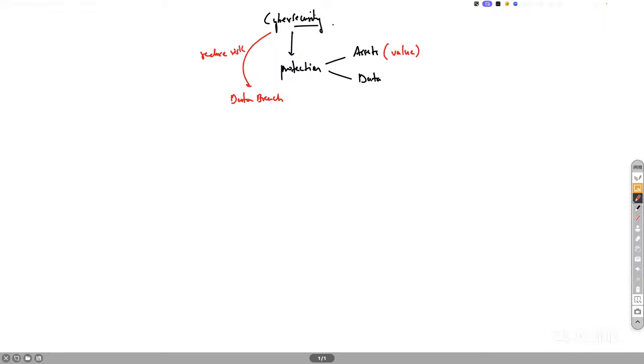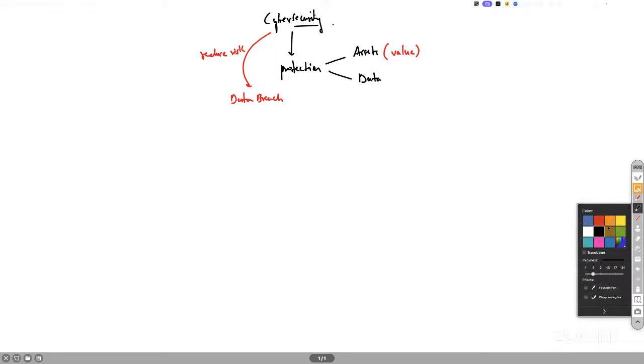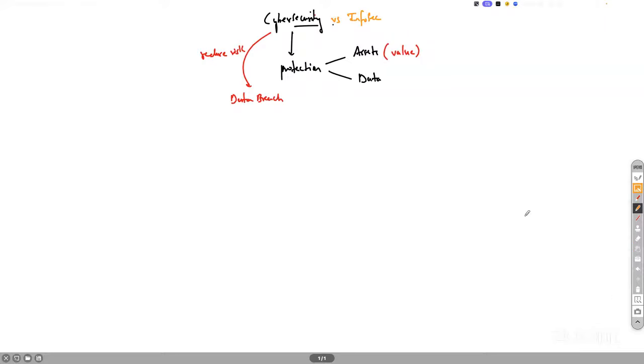Okay. Now, another term that some of you might have heard is infosec, or information security. It's short for information security.